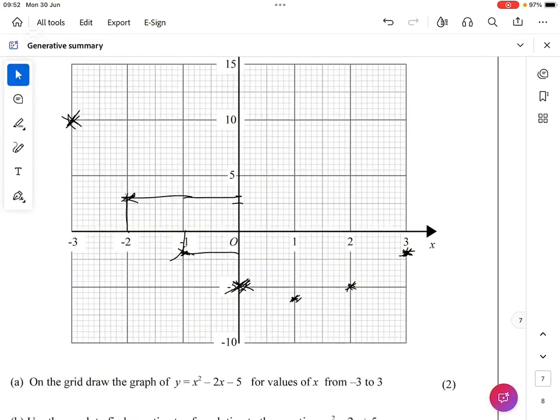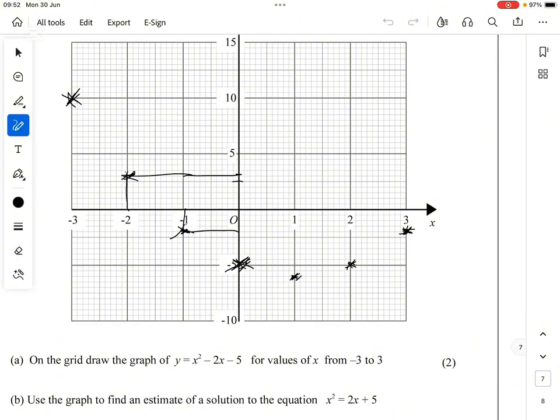And with this, we've been able to get our points. And it's just to draw the curve, which is going to go this way. And that is our graph. Alright, I like it to look a bit neat. So I'm cleaning these lines.